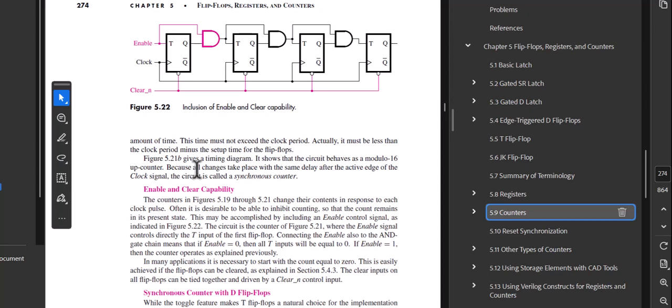So the way with this particular counter, the way it was done was by having a wire for enable, so that'd be a switch going into a T flip-flop. And so if enable is 1, it's going to toggle because counters toggle. That's how they work, is they toggle. But if enable is 0 for a T flip-flop, that means don't change.